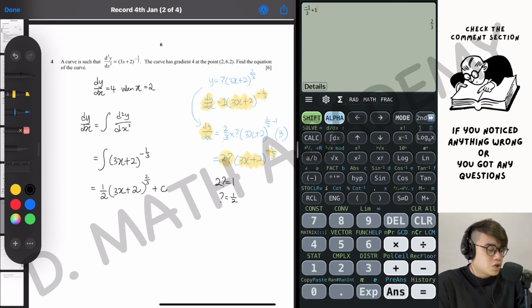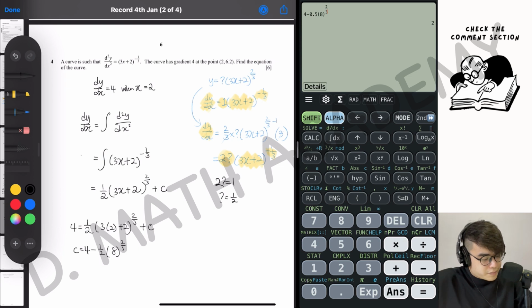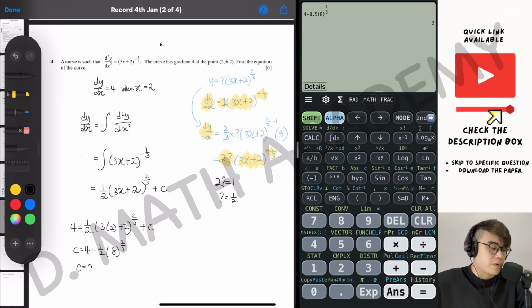Okay. So time to introduce our gradient back in, and also the value of x as 2. Okay. So your c value, you will get it as 2 at the end of the day. So this is part of the workings already. Okay, we are halfway through.